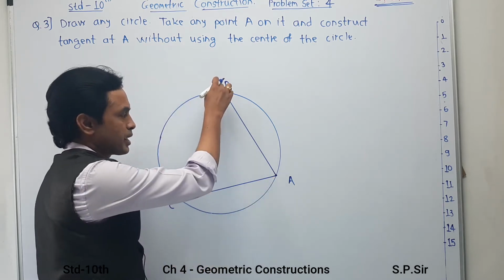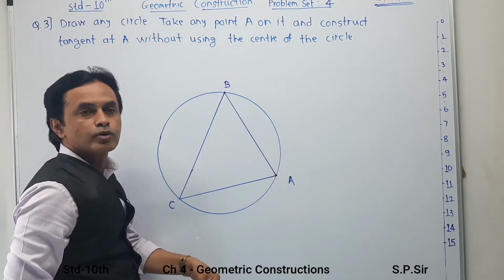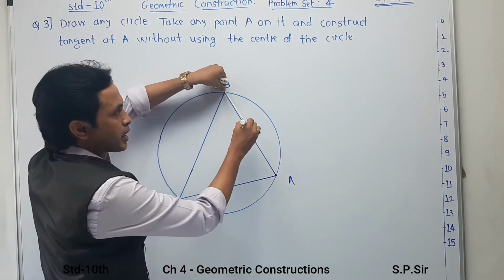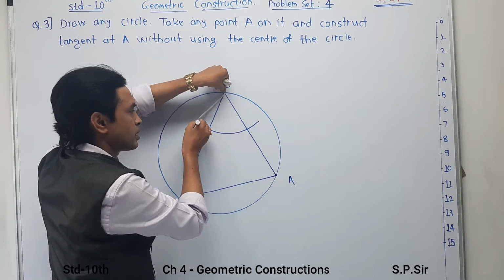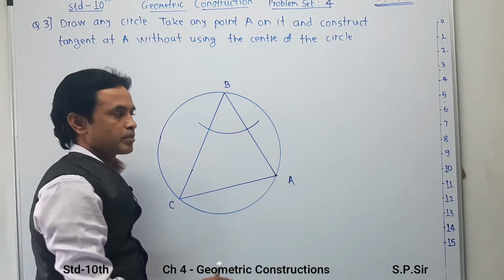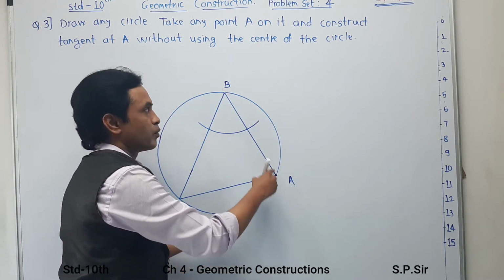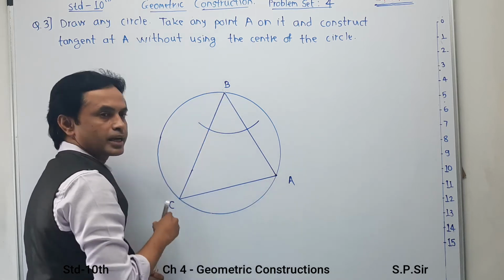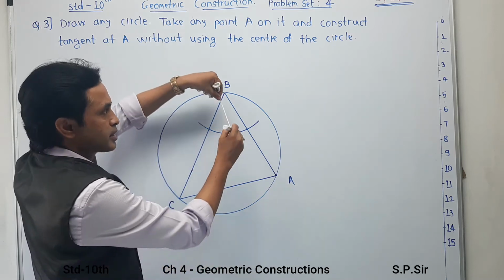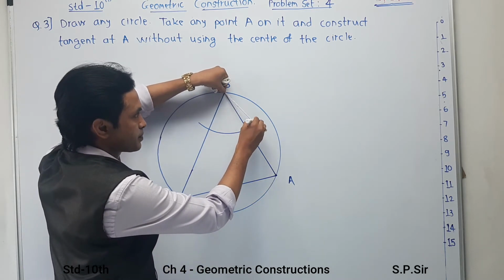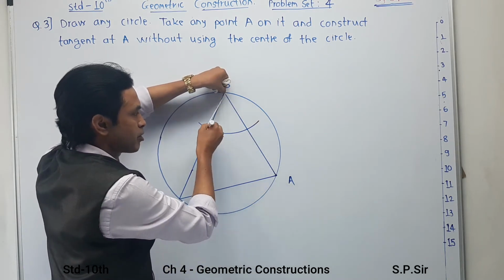The first side is AB and the second side is BC, and you have to draw an arc. Here the radius doesn't matter, so first of all I have drawn one arc. But remember, this arc must touch two sides of the triangle, one is side AB and the second is side BC, and now this arc touches over here, and the distance is this. With the help of this distance I have drawn it.